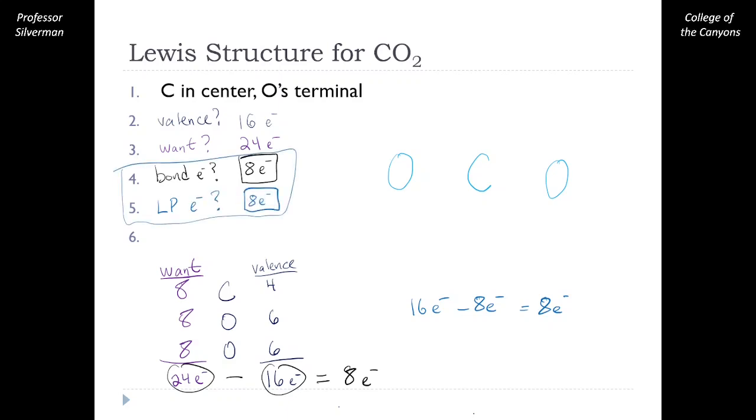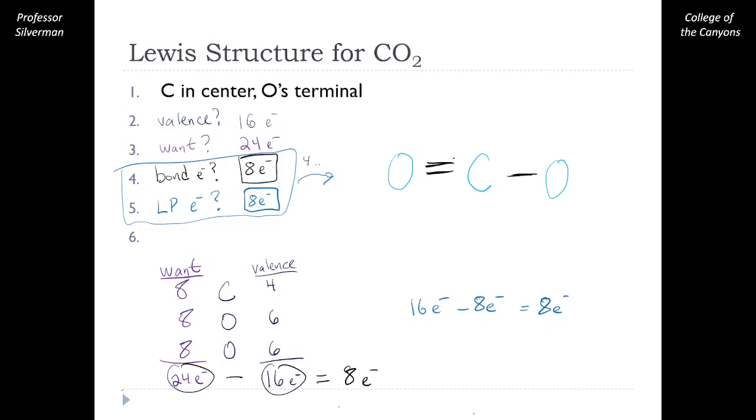Step 4 and step 5, these are the numbers that we actually want and care about. These are the electrons that we're going to fill in to our picture. We can fill in our bonding electrons by first making sure everything's connected. Those 2 lines count for 4 electrons. We want to draw 8, so we need another 4.